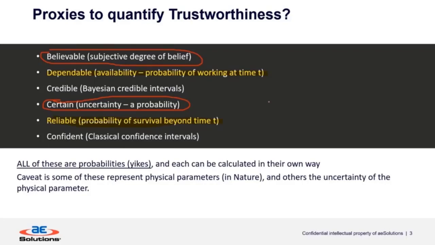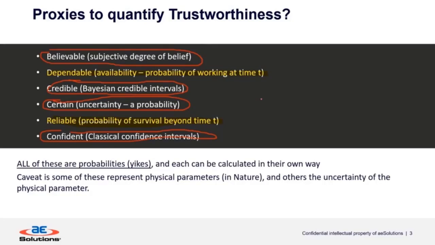And then the other group represented here that I have circled in red is something different. Those describe the uncertainty associated with a physical parameter, and they're also probabilities.